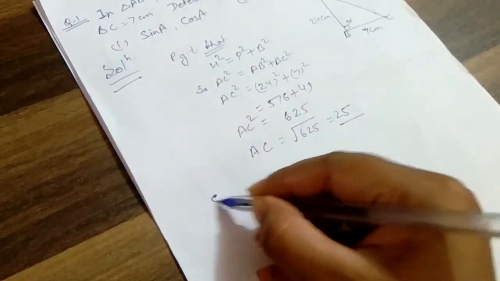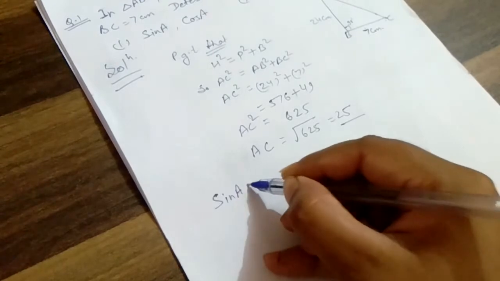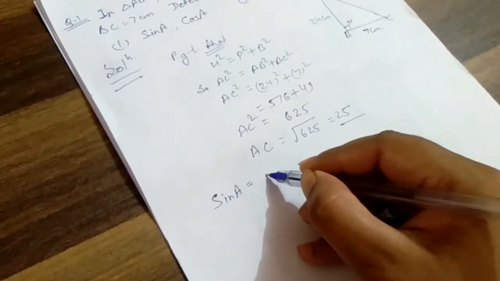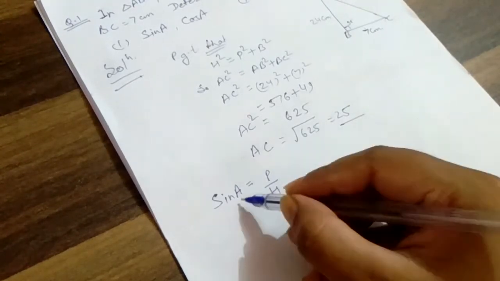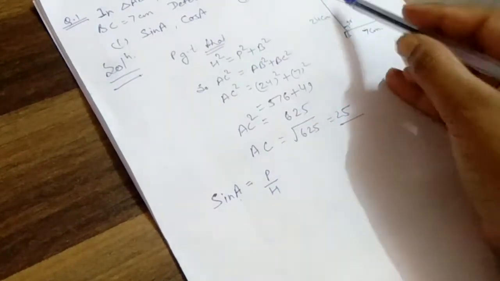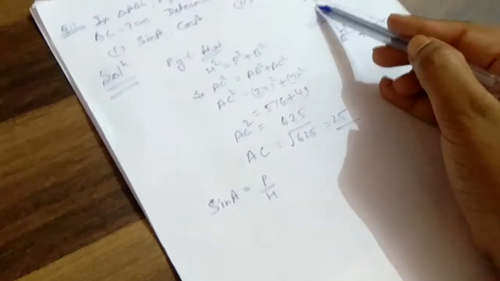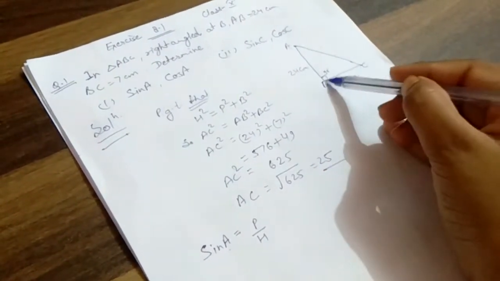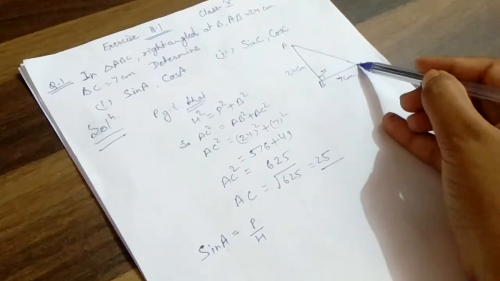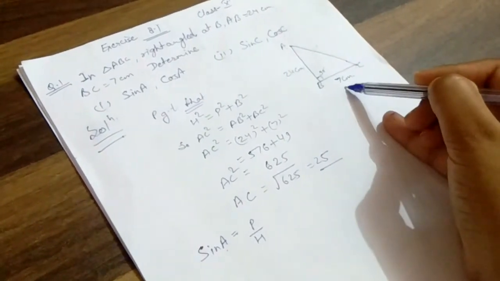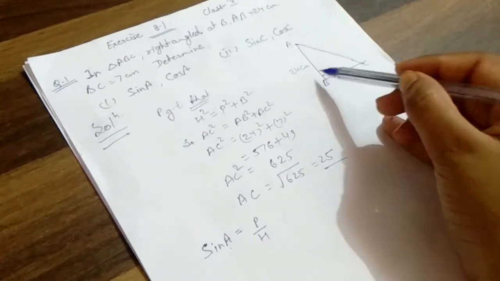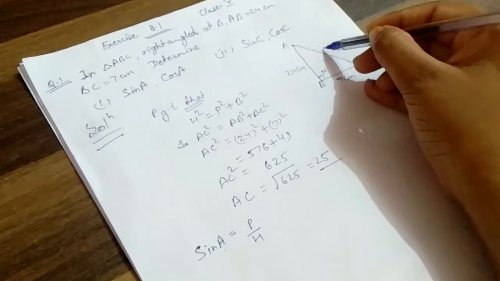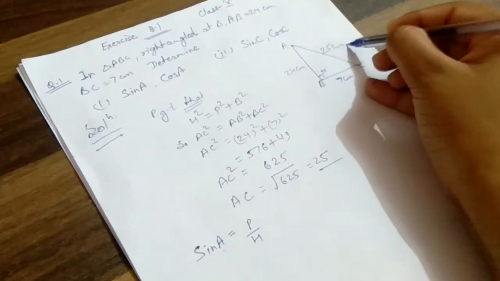Now for sin A, according to the formula, sin theta is equal to perpendicular upon hypotenuse. Now for angle A in this triangle, the perpendicular is the front side of A, that is BC, which is 7 centimeter, and the base is AB, 24 centimeter, and AC which we calculated is 25 centimeter.